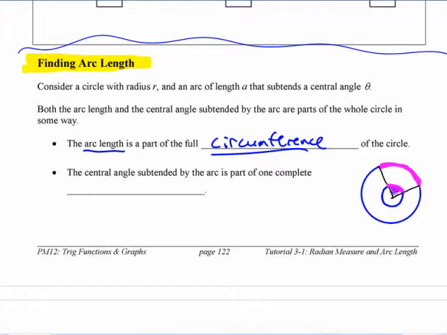The angle in the center compared to the full turn angle is the same ratio as this arc compared to the full circumference. So the central angle subtended by the arc is part of one complete rotation, one complete going around the center of the circle once.